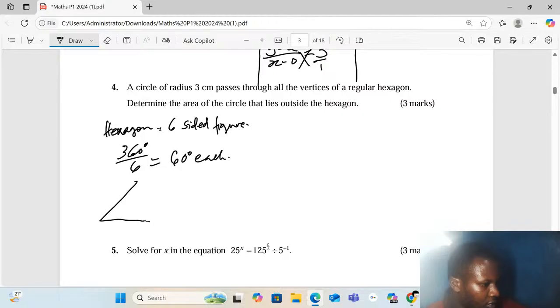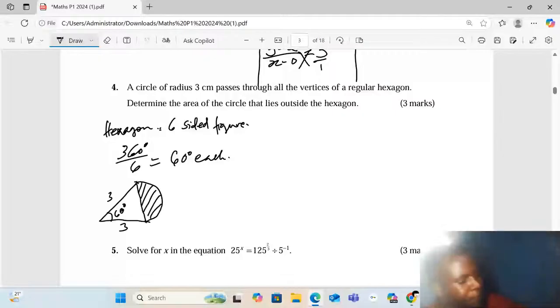This other part is just a triangle and something like this, like a semicircle. This is 3. This is 3.